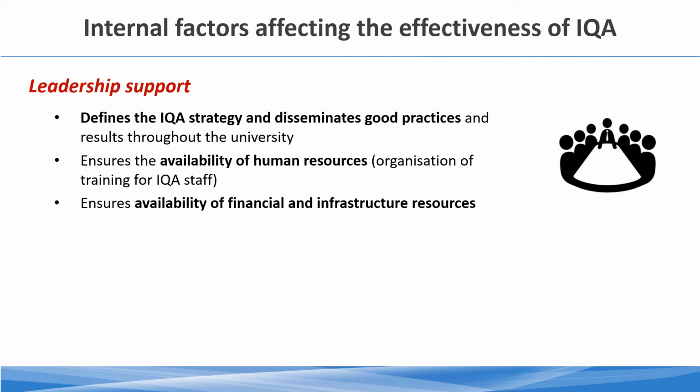In parallel, the leadership should ensure the availability of human resources, which includes organizing training to upgrade the skills of the staff responsible for IQA. It is also important that the leadership ensures the availability of financial and infrastructural resources. Through all this, leadership should promote and support the development of a quality culture.